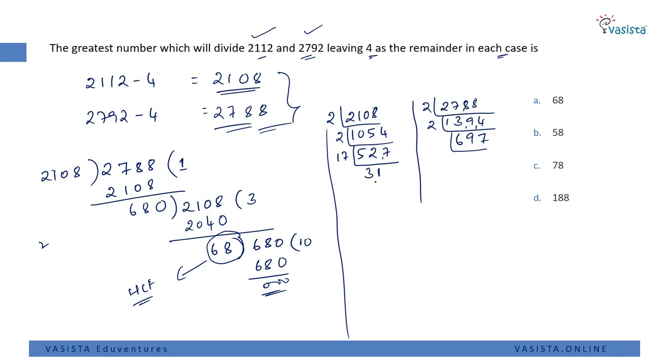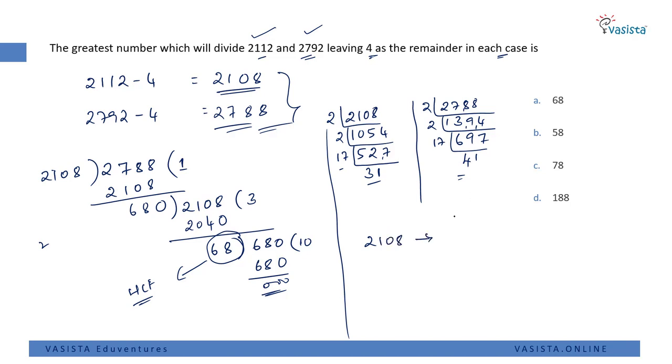Further division is not possible because this is a prime number and this is also a prime number. Now 697 is divisible by 17 only. 17 times 41.